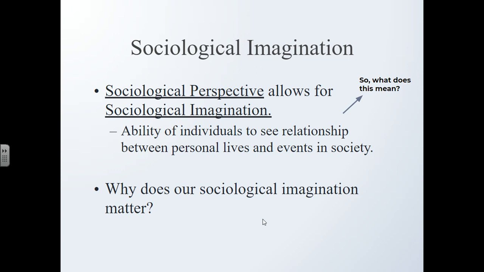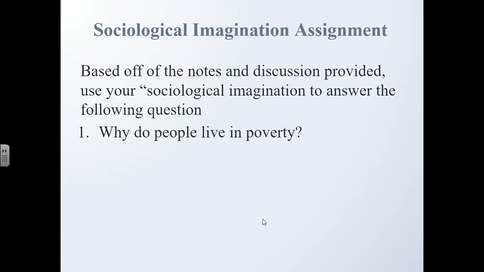No, you use that idea of the impact of events in our society to understand why we have smaller families now. Being able to use that lens as you view things will not only help you in this course, but it helps you view things a little bit differently in your life. Okay, all right, so here we go.